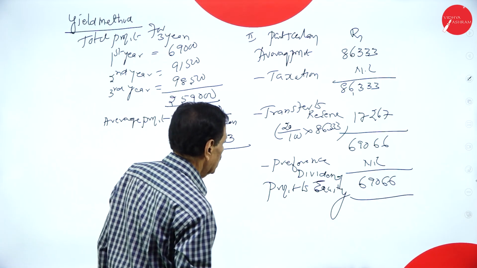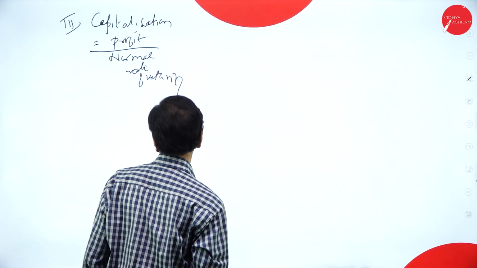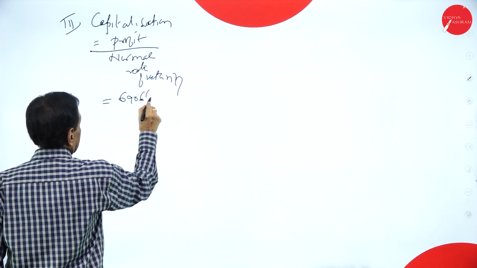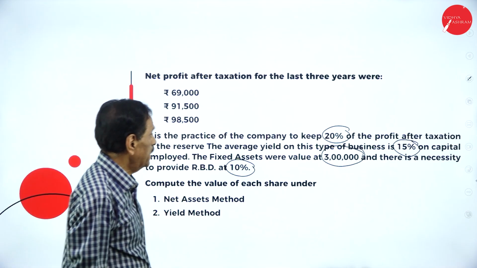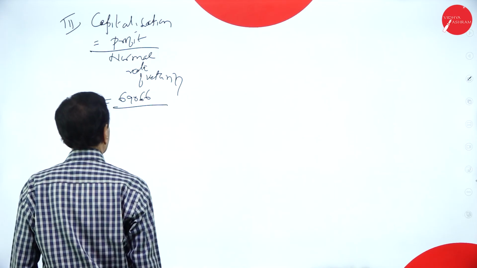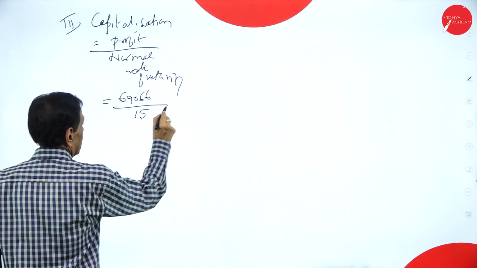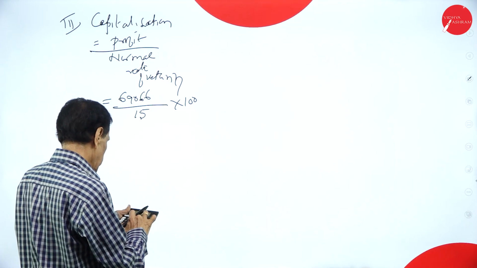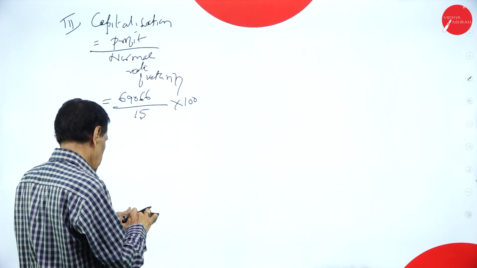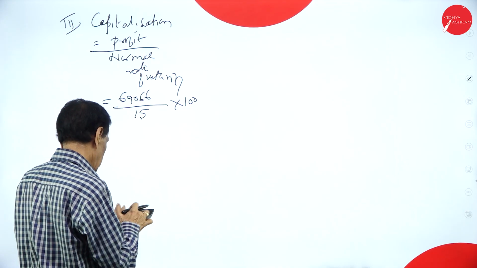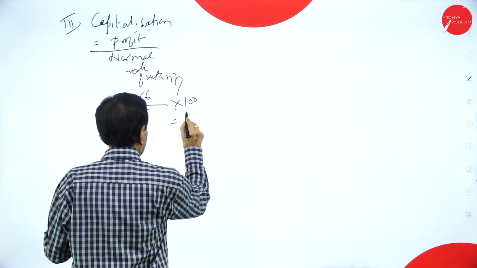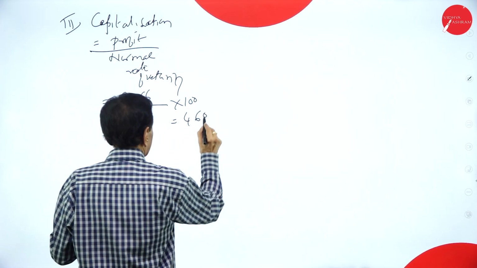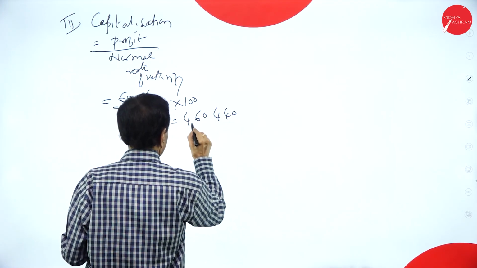What's your profit? 69,066, divided by what is the expected return? 15%. Divided by 15 into 100. 69,066 into 100 divided by 15. It will come to 4,60,440 capitalized.